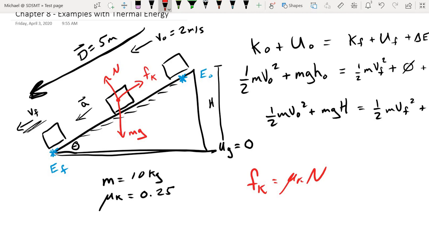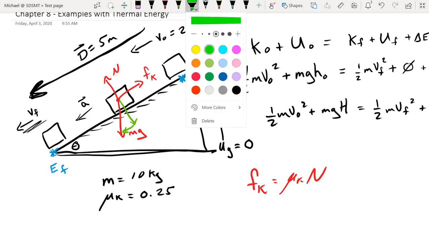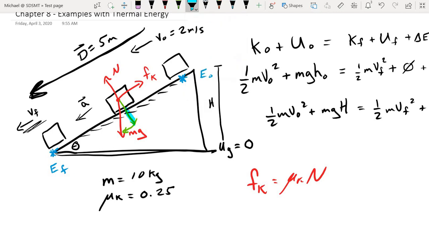And if you go back in your notes to some of the previous problems that we've had with inclined planes, you'll remember that the weight has to be broken up into components, and it is the component of the weight that is pointing perpendicular to the incline that equals the normal force.